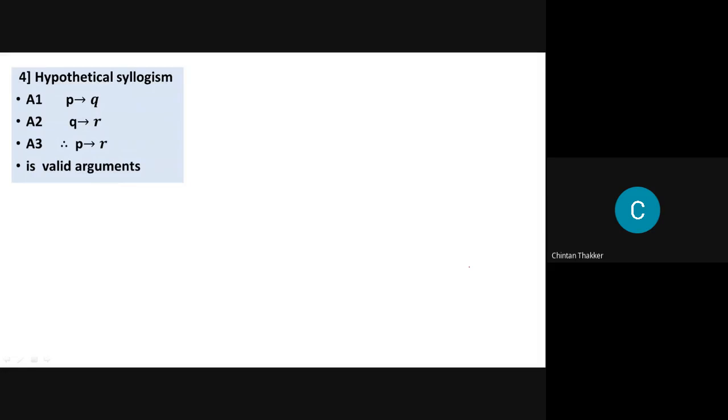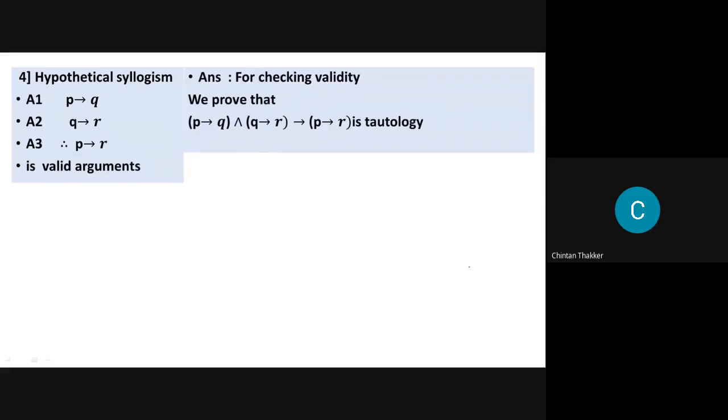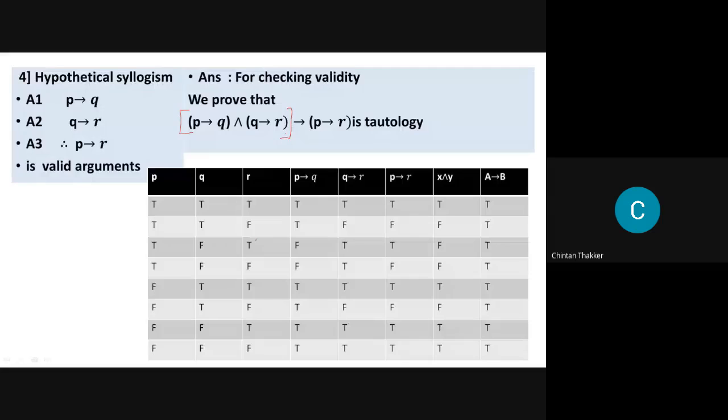In hypothetical syllogism, the same way we make this statement, and we get this table.